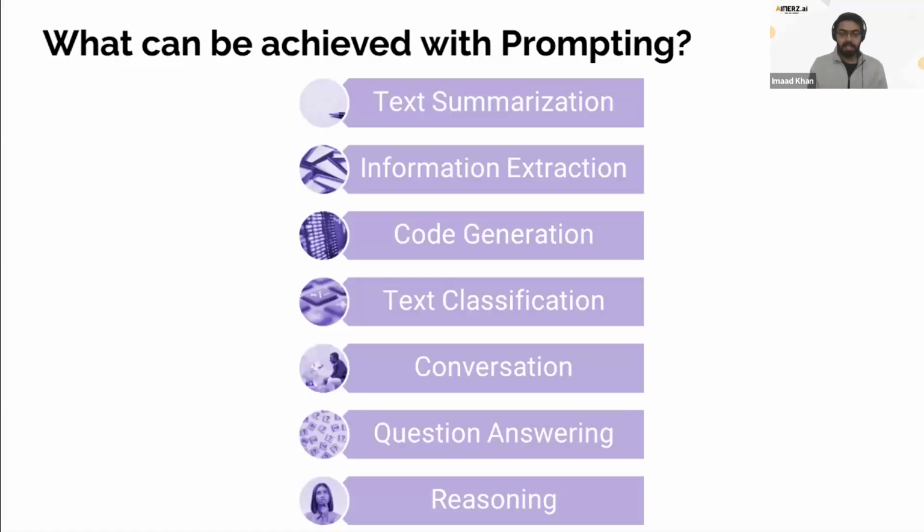In fact, I was reading the other day, and there was a report that said about 25% of code that is written in Google is generated by AI. I think there was a report or a tweet by Sundar Pichai, who is the CEO of Google. So code generation is a big use case.